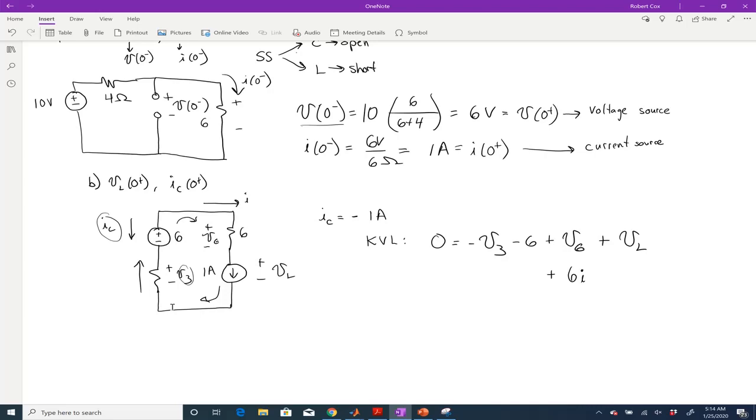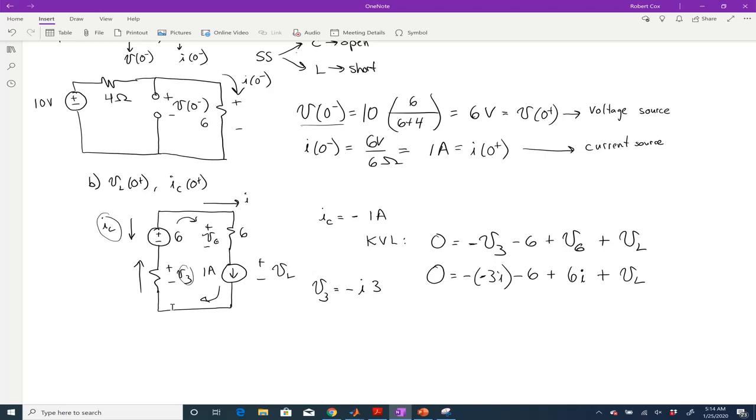So that means that V3 is equal to minus I times 3 ohms, because the current is flowing out of the plus terminal. So that means that 0 equals minus 3I, minus from the KVL, and then a minus from the Ohm's law. So those are going to cancel each other. So minus 3I, minus 6, plus 6I, plus VL.